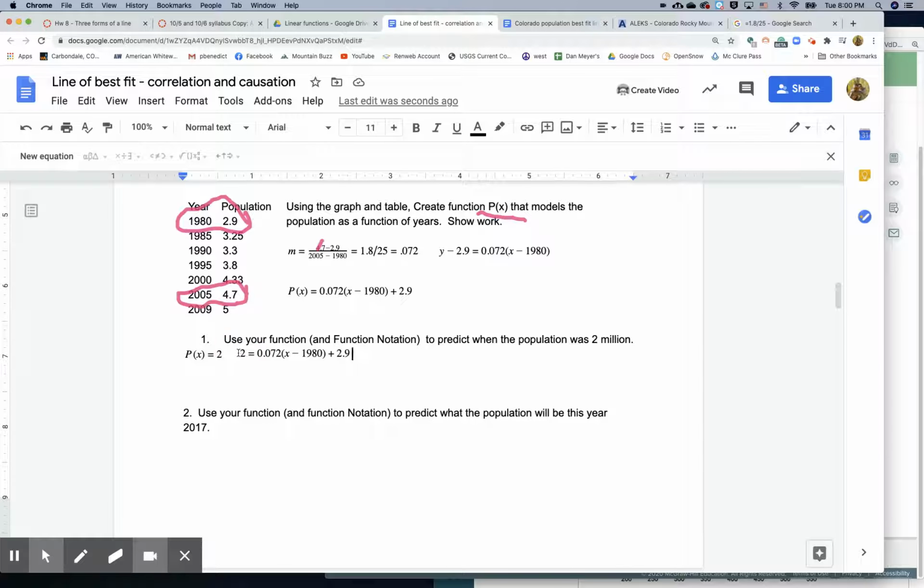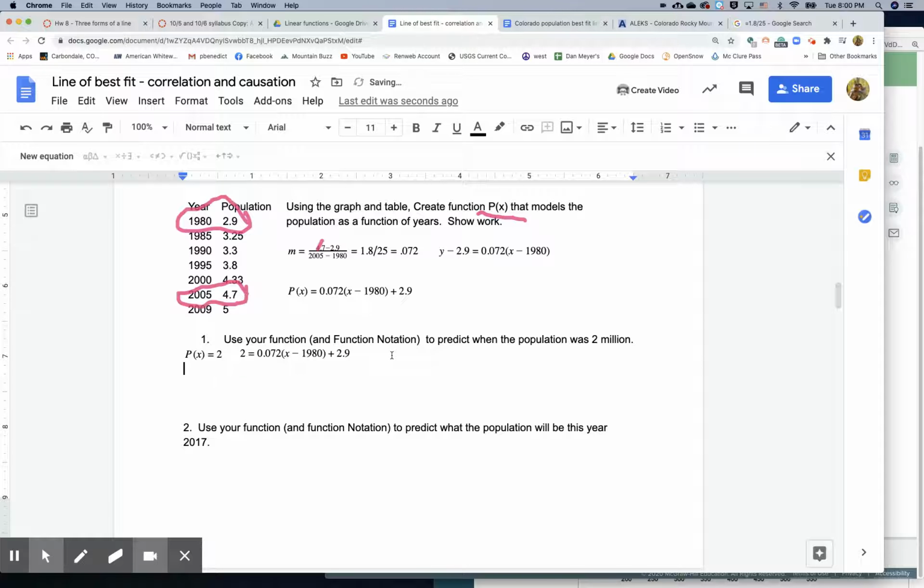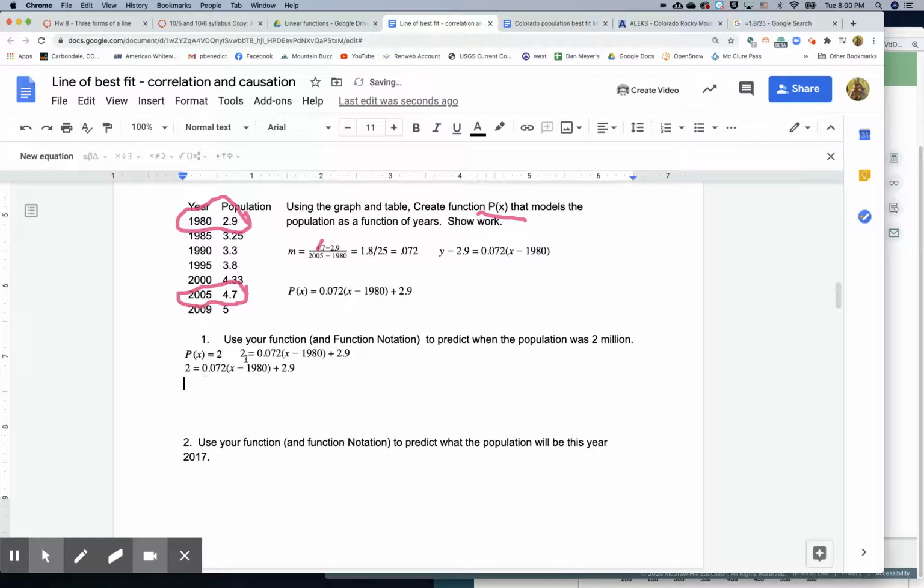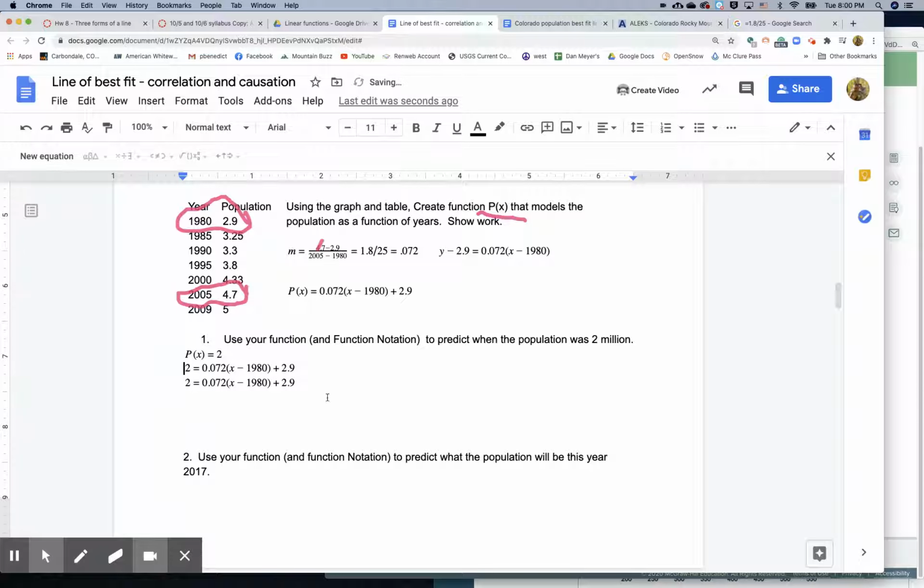Let me copy that. The first thing I'm going to do is subtract this 2.9 from both sides. So I'm going to get rid of that, put it over here, minus 2.9, which gives 2 minus 2.9, which is negative 0.9. And then I can divide by this number.